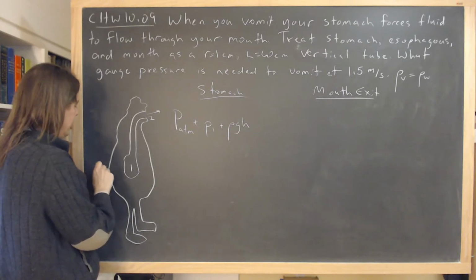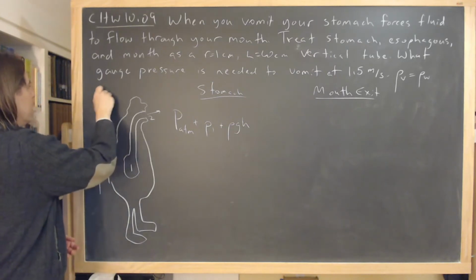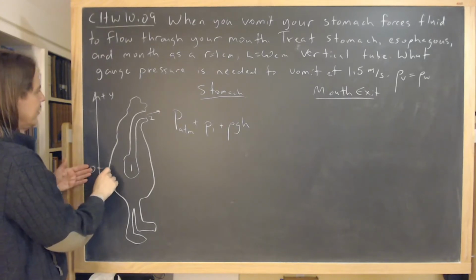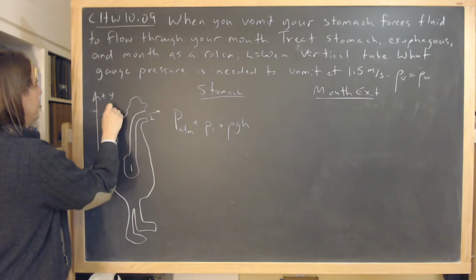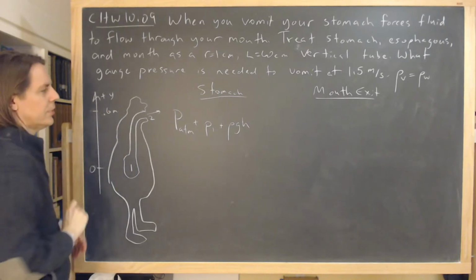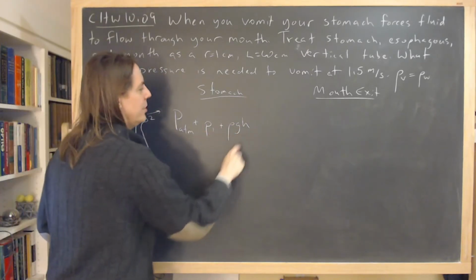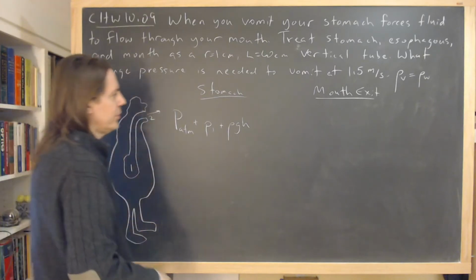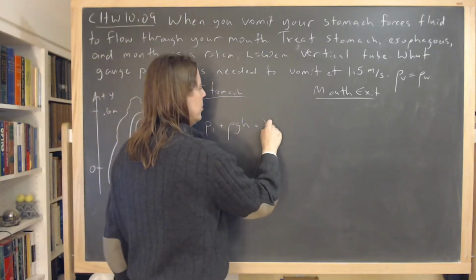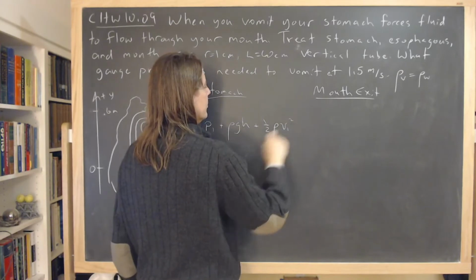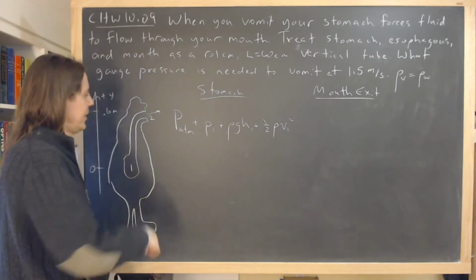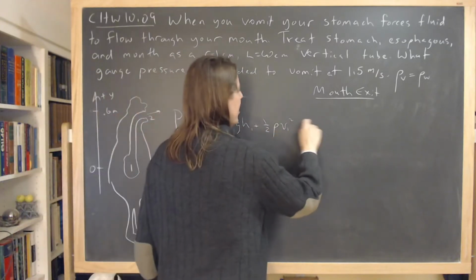So what that means is we would want to think of our y-axis kind of like that, and probably put the stomach at 0 and put the mouth at 0.6 meters. So that means the h we put here really is going to be 0. The 0 potential energy, because this is the low part. Plus 1/2 rho v1 squared. All right, so that has to be equal to whatever's happening at the mouth.